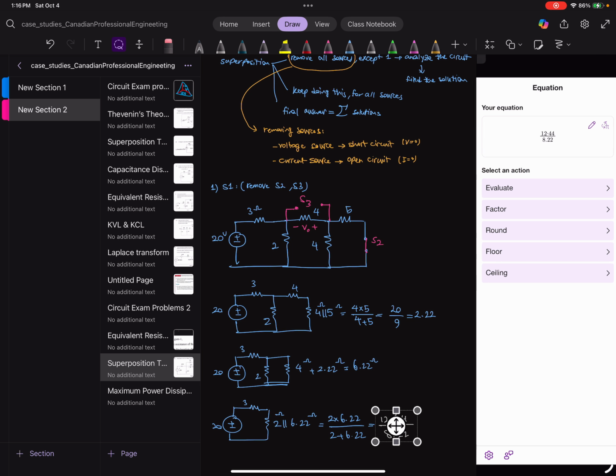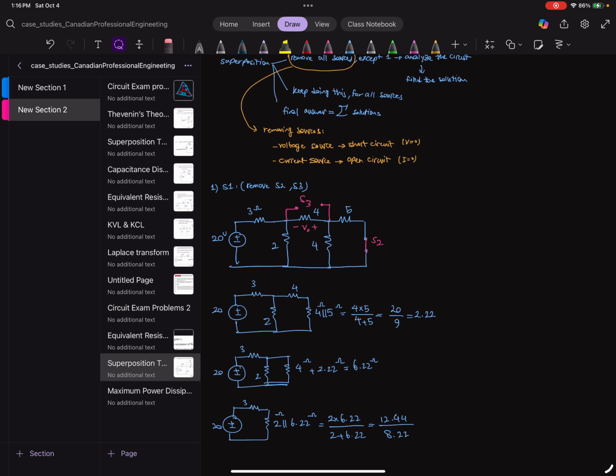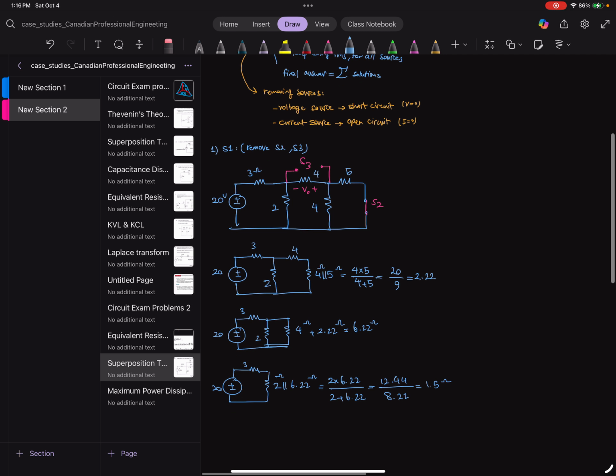Okay, so that's about 1.5 ohm, for example, almost. Then now we can find the current that gets out. Now we have to go step by step back.